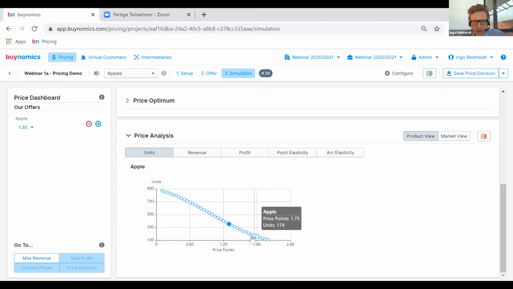So they all have their willingness to pay, their preferences, and so on, and they decide at 130 who would buy apples, and how many.